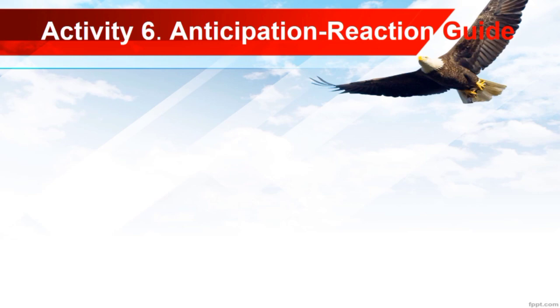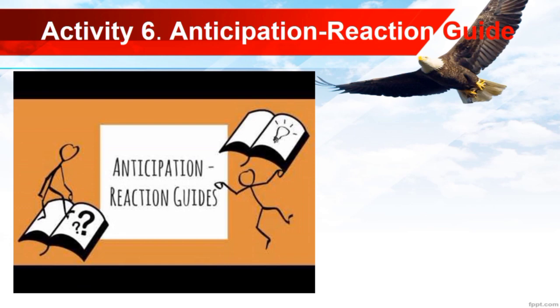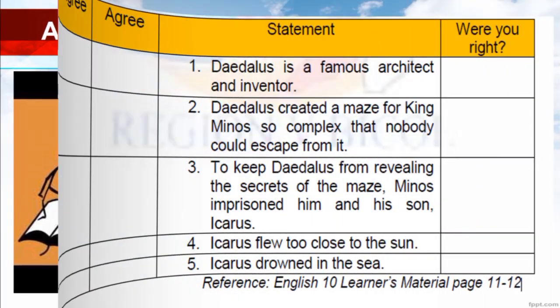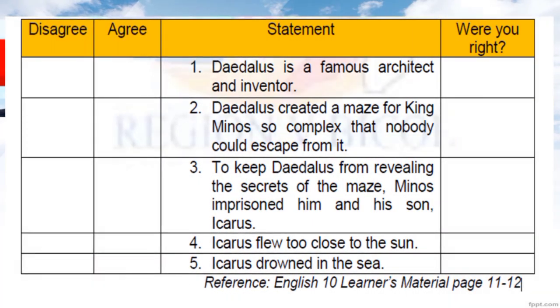Let us see if you can predict correctly some of the events in the story by accomplishing the chart below. This is Activity 6, Anticipation Reaction Guide. Grade 10 learner, kindly accomplish the story reaction guide below.